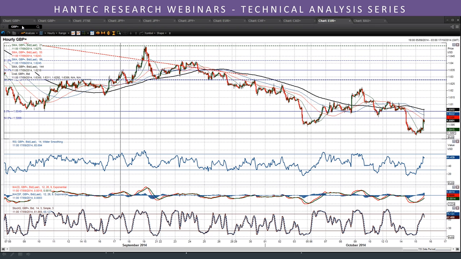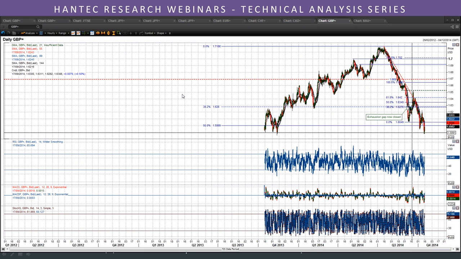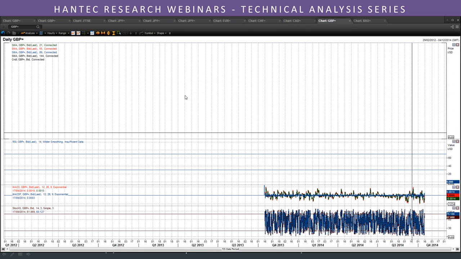GBP. Now, GBP USD, I believe, is a sell into strength, and there are a lot of reasons for that. Consistent downside. Let's change this back to a daily.